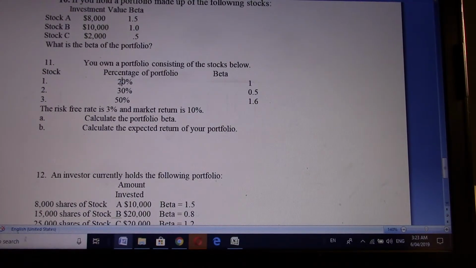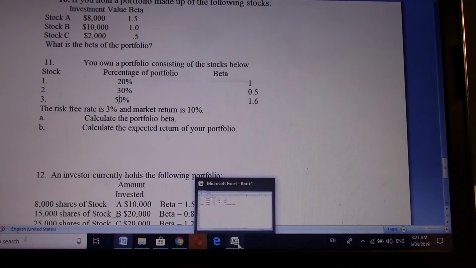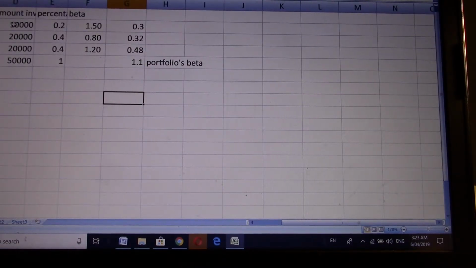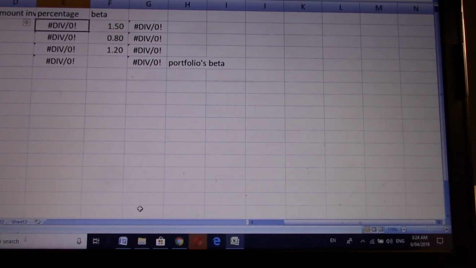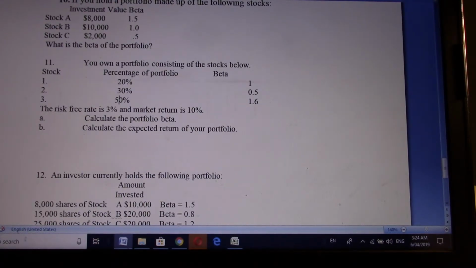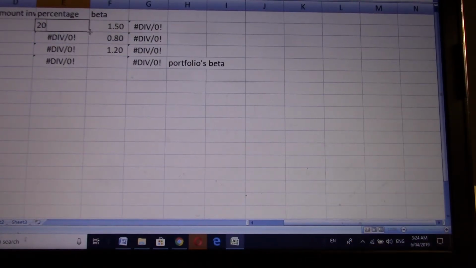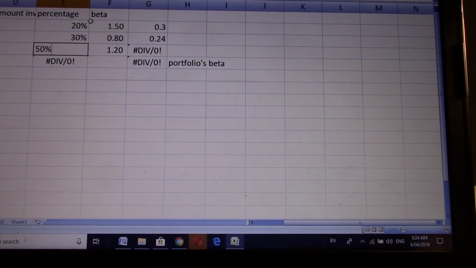It's given. So 20%, 30%, and 50% are given here. So if you want to use this table, you don't need the dollar amount anymore, but the percentage, you can just write it down directly. 20%, 30%, and 50%.